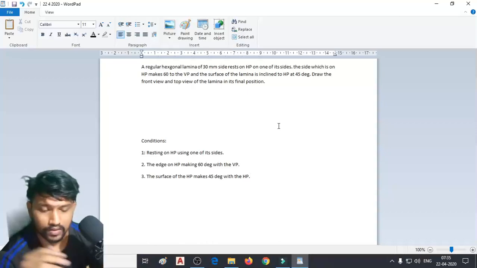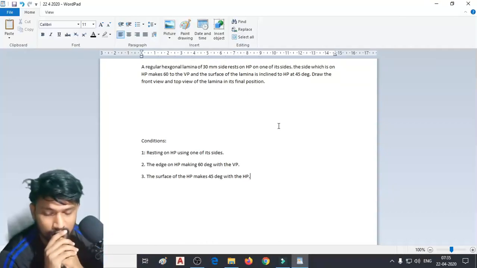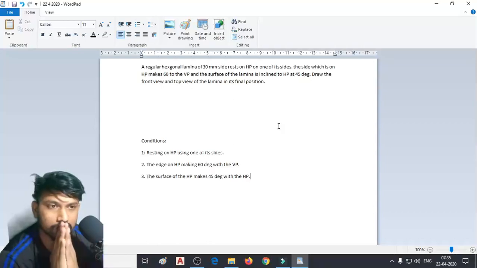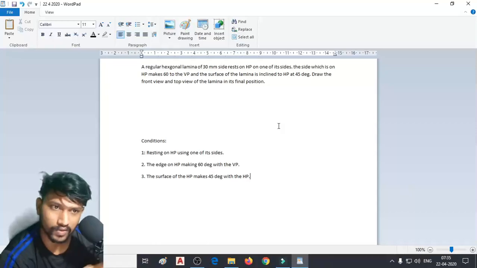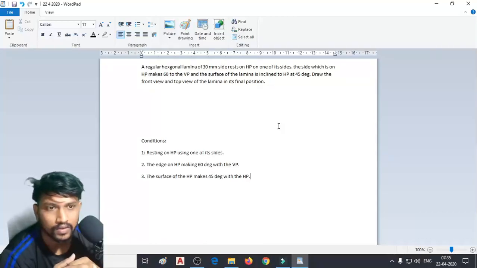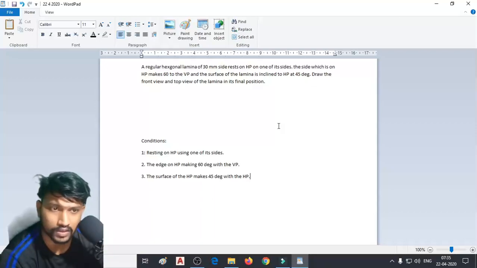Okay, so whenever you are given a problem like this, the first thing that you need to remember is he might have given the angle of inclination with respect to the horizontal plane and with respect to the vertical plane also, but you need to remember that initially you have to keep the surface parallel to one of the planes or keep it on one of the planes.